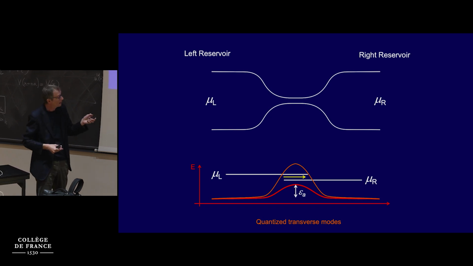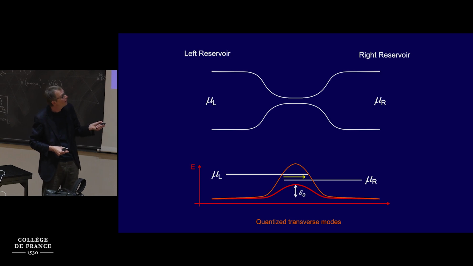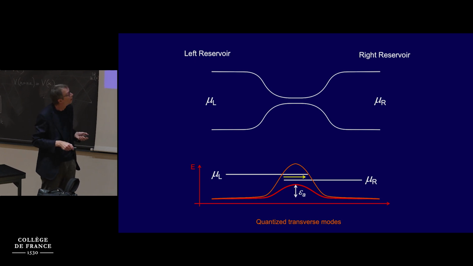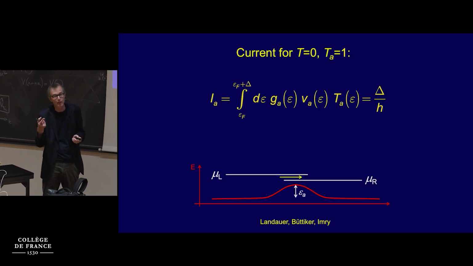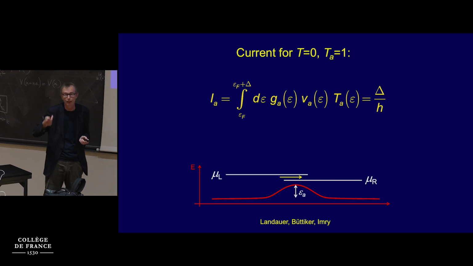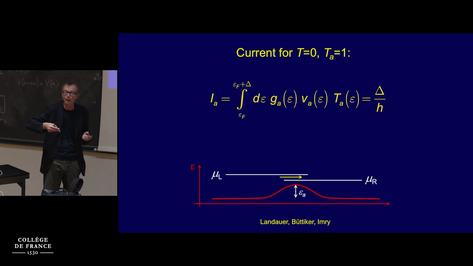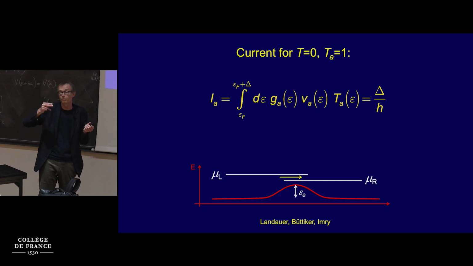And let's assume that the chemical potential is only high enough that the atoms are conducted in the lowest channel. So we can forget this one higher channel, and we can ask the question, what is the current that is flowing at a given chemical potential difference through this one mode?